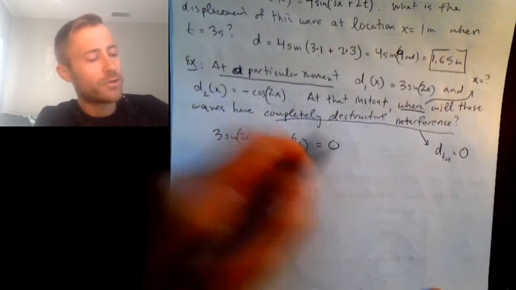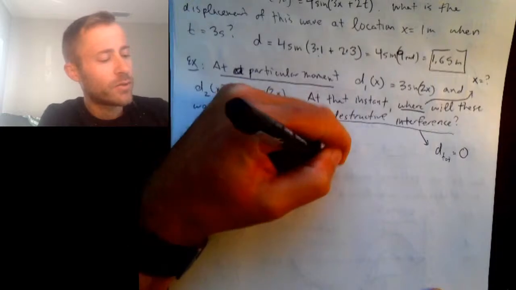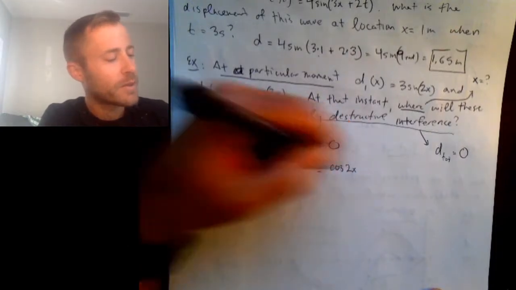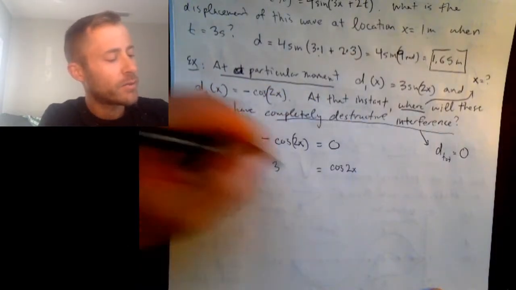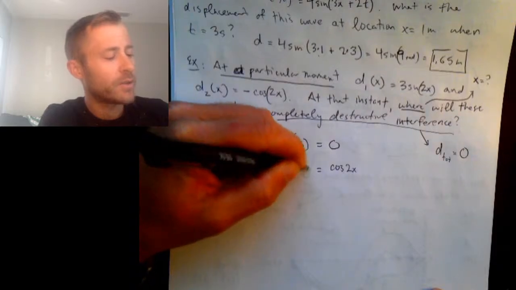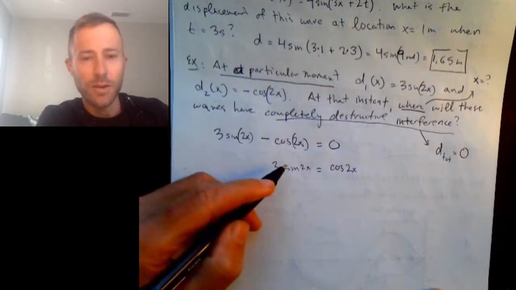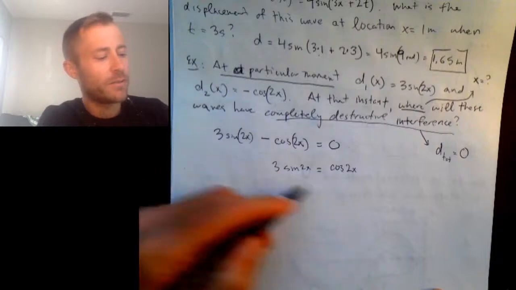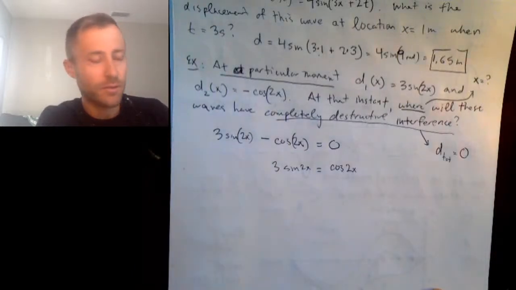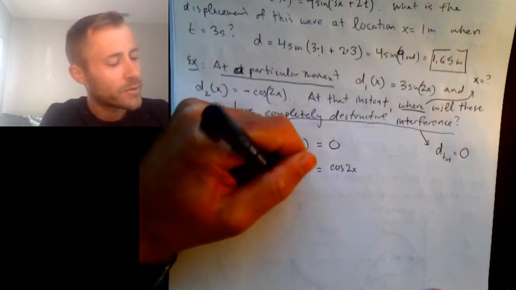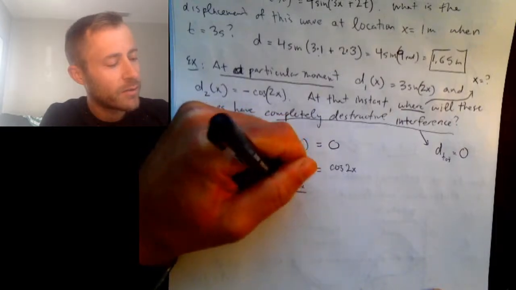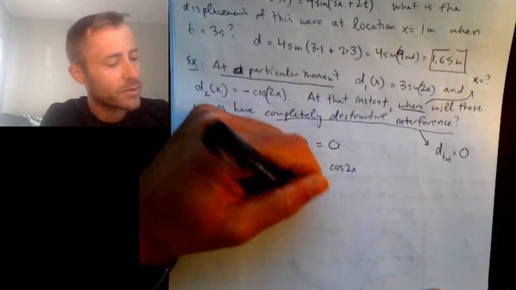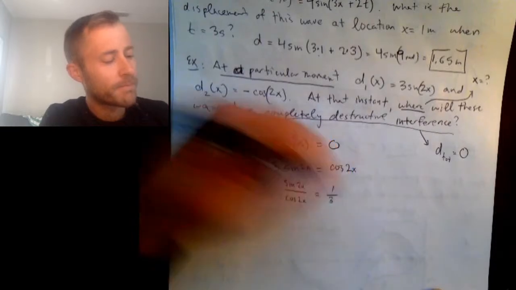So I add cosine to the other side. So I have cosine of 2x equals 3 sine of 2x. I'm going to divide both sides by cosine, and I'm going to divide both sides by 3 as well. So I have sine of 2x divided by cosine of 2x equals 1/3.